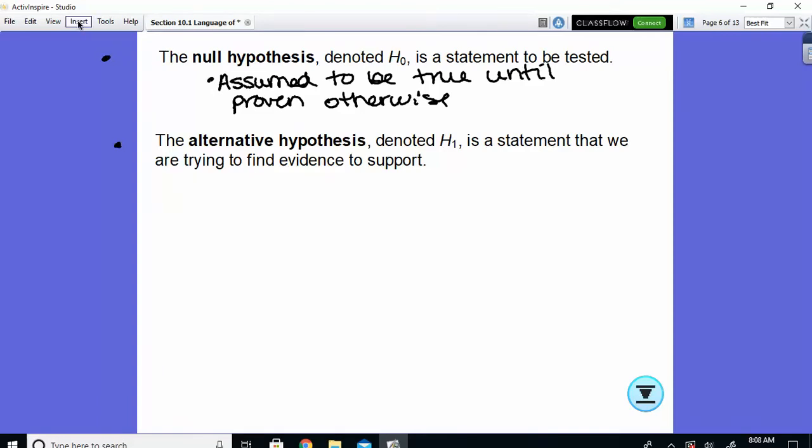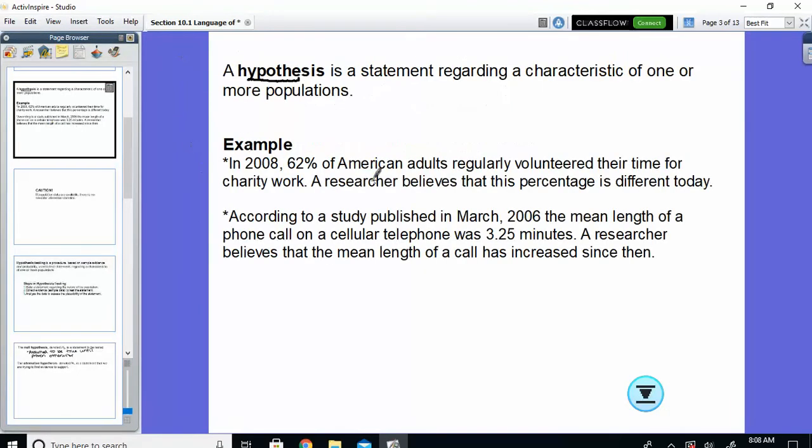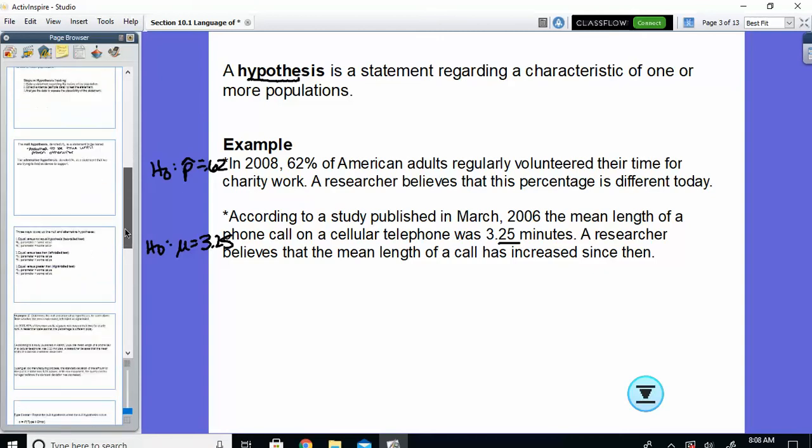Okay, that's like in those two examples that we had. The null hypothesis here would be that the proportion is 0.62. Until I've proven otherwise, I'm going to assume that it hasn't changed. Or here, my null hypothesis would be that the mean is still 3.25. Until I'm proven otherwise, that's what I'm assuming, that prior evidence there.